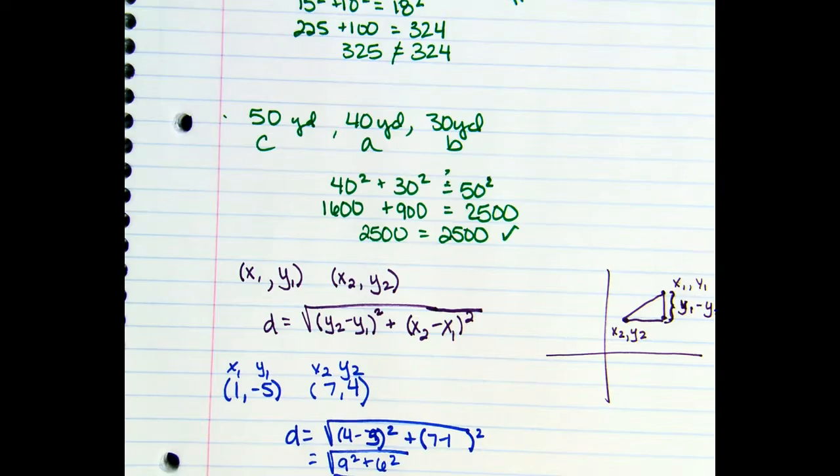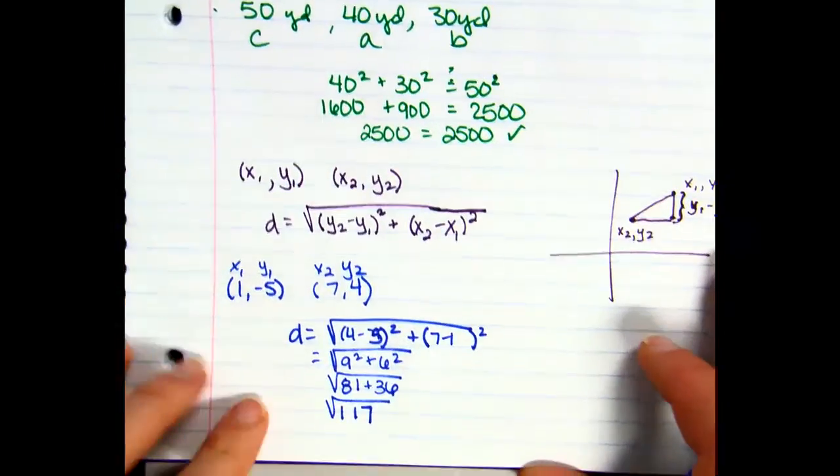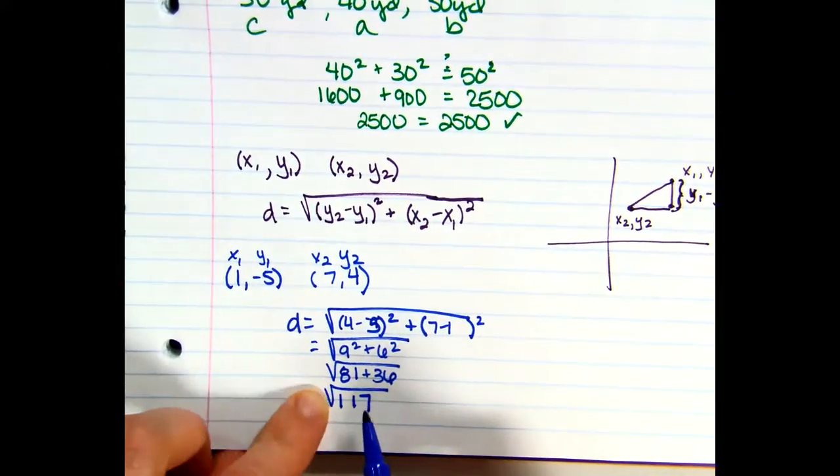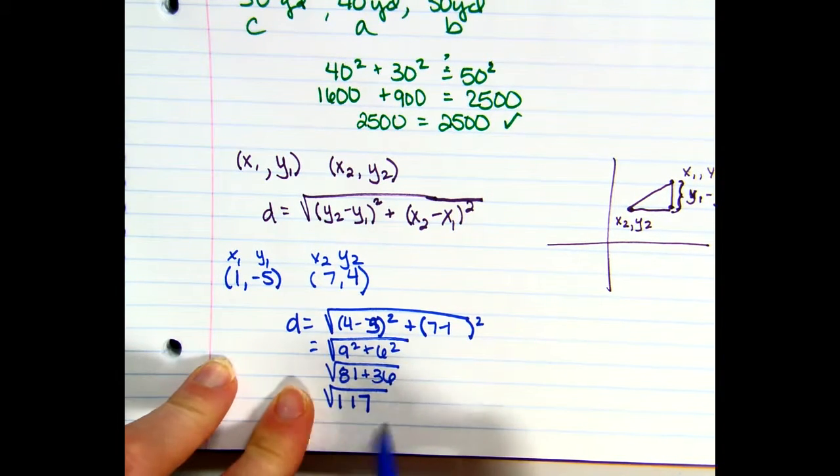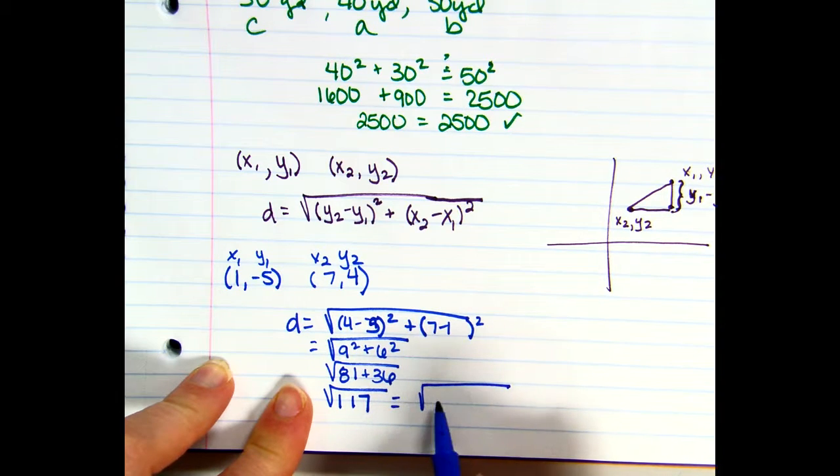And 117, oops, I'm sorry, I went off the bottom of the page. So square root of 117, turns out 117 is divisible by 9. You might not have noticed that and finished right there, but this is actually 9 times 13. So this will simplify to 3 root 13.